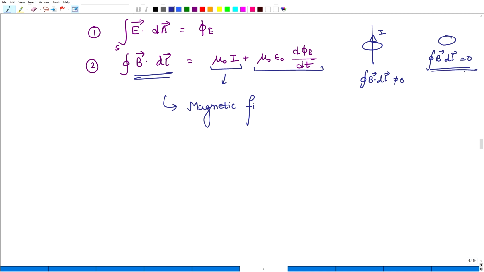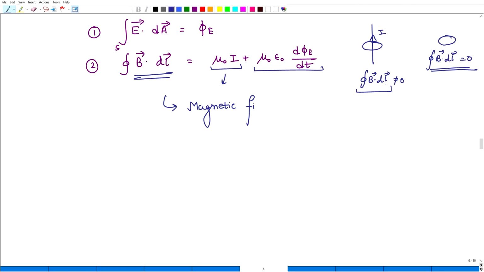What does it mean? It means that there is no magnetic field present. But if we put a current carrying wire inside that loop, there will be a non-zero magnetic field, and that makes the line integral non-zero. This means the electric current flowing through that wire is creating a magnetic field around the wire. If there is no current carrying wire, there will be no magnetic field produced.